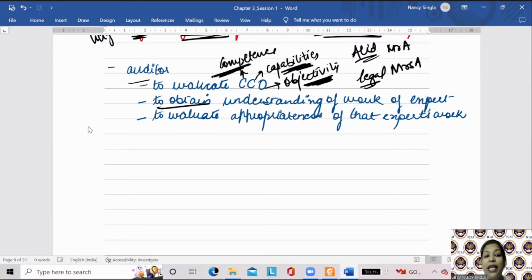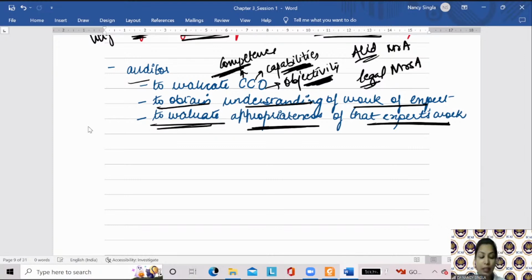The auditor will obtain an understanding of the work of the expert. The auditor will obtain an understanding of what work that legal expert is doing, what kind of opinion that legal expert is giving. And the auditor will evaluate the appropriateness of that expert's work for the auditor's purposes, whether that work is appropriate and relevant or not. You cannot just use anyone's work. If you use a management expert's work, first of all, who is a management expert?